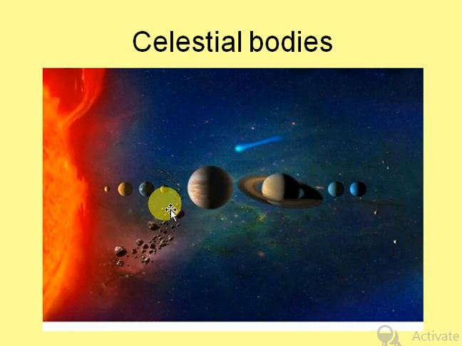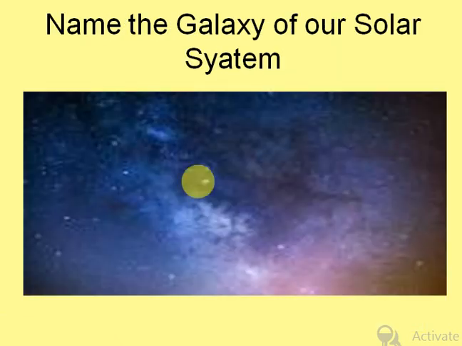So stars are found in groups or clusters, which are called galaxies. We will be learning more about galaxies. Here is a picture in front of you of a galaxy.